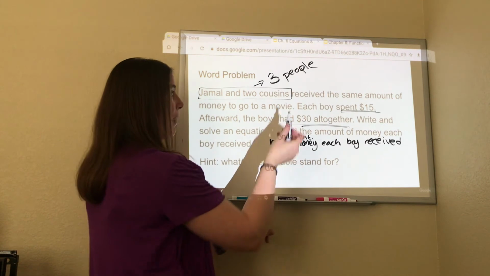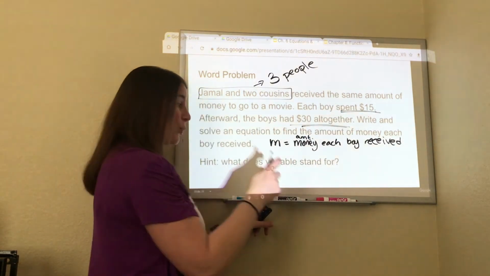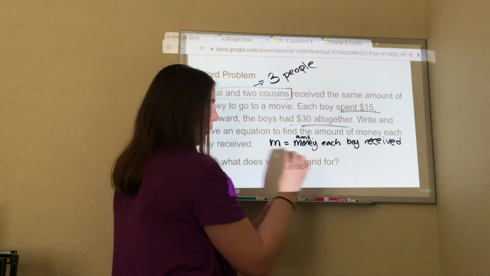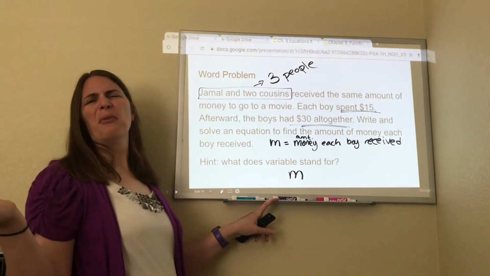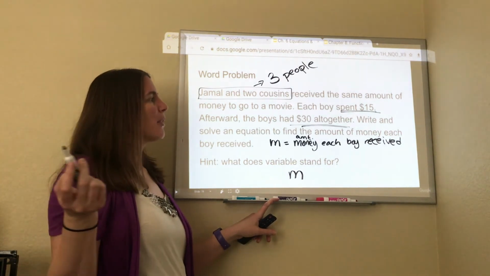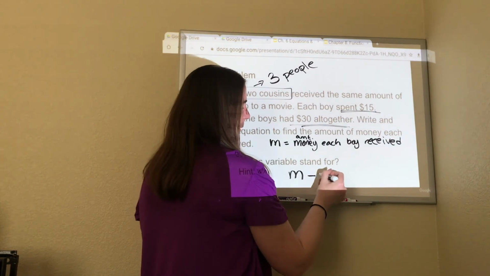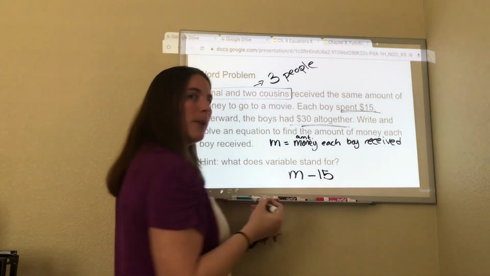So I'm going to start with how much each boy spent. So if I'm talking about how much one person received, right? So they received, say $20, right? And then that person spent 15. You have to take away the 15.